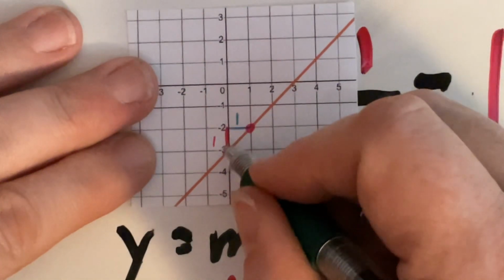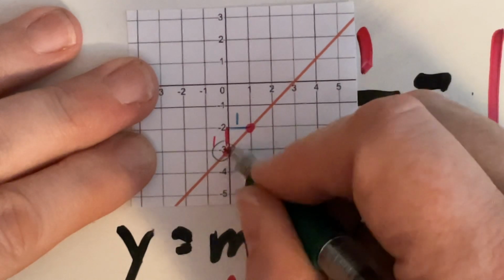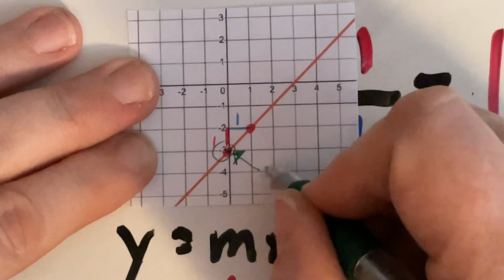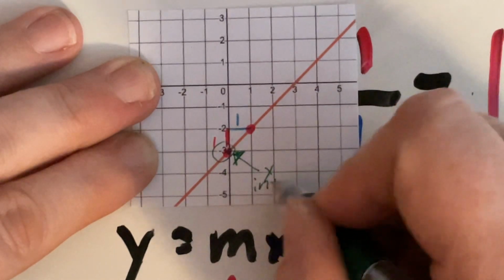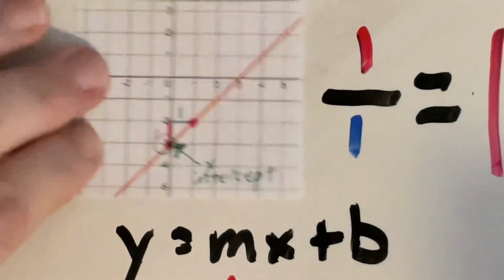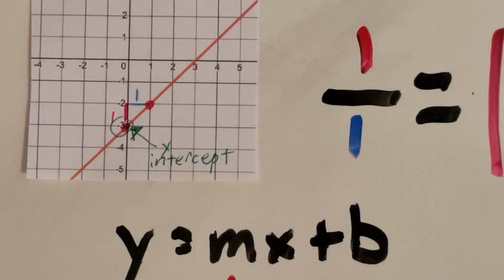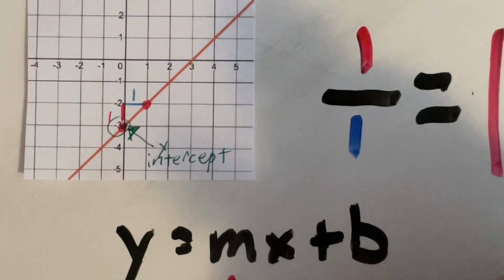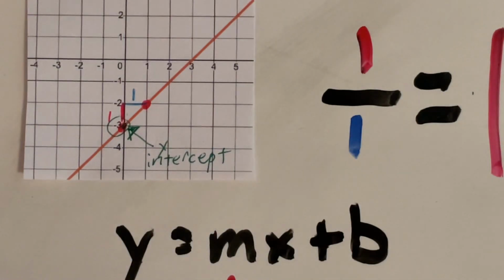See that number right here? We'll use that same exact spot. There's my y-intercept. Looks like that's going to be a -3. So again, -3. Pretty simple.